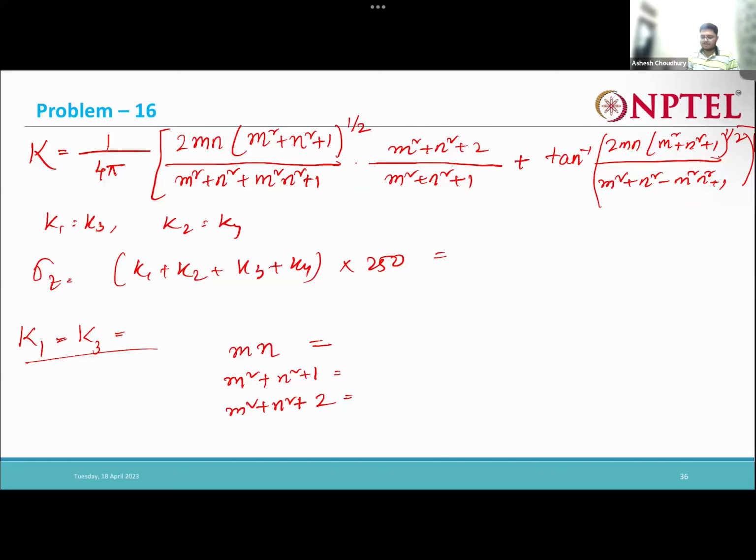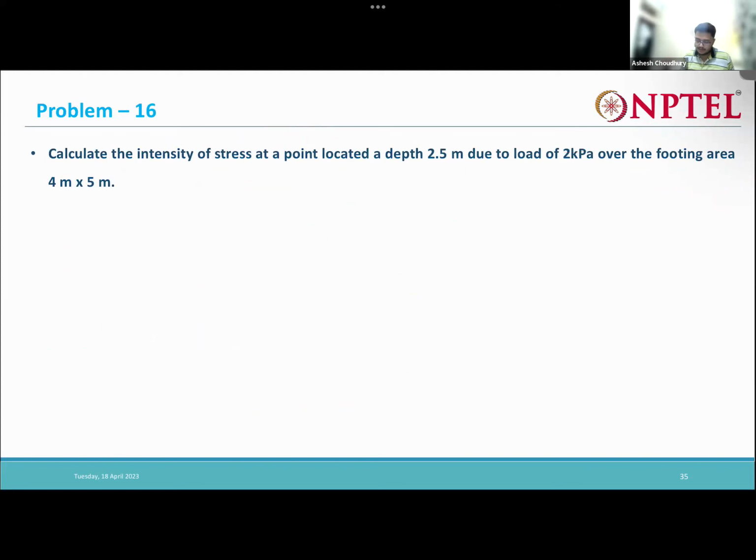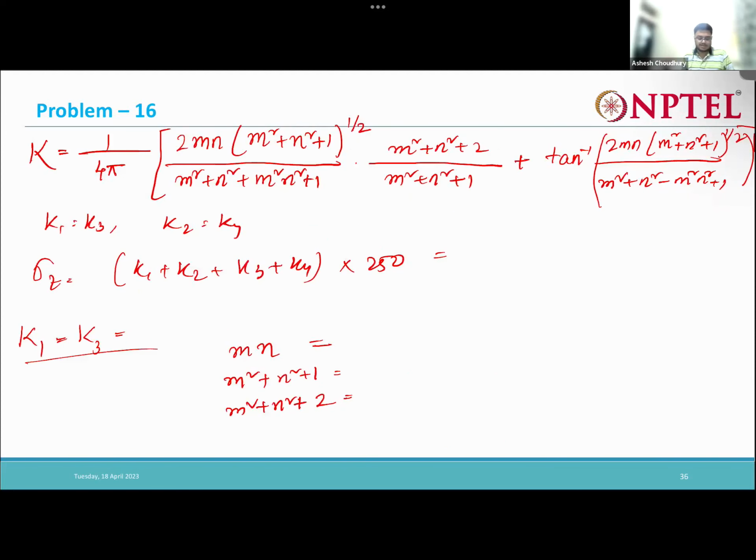Please find these out first. For the first one, for A1 and A3, m and n both are 0.8. So please put the values and find this out. So 0.8 into 0.8.